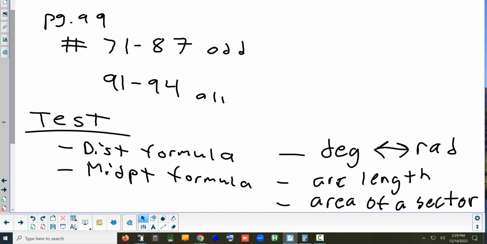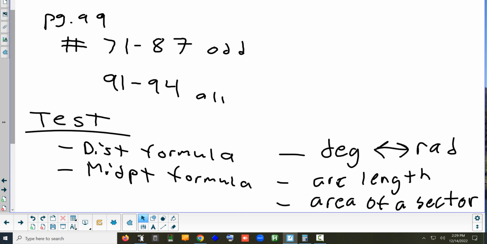Distance and midpoint formula, that was Monday. Converting between degrees and radians, that was Tuesday. Arc length and area of a sector was today. That was Wednesday. Those are the 5 topics on the test.